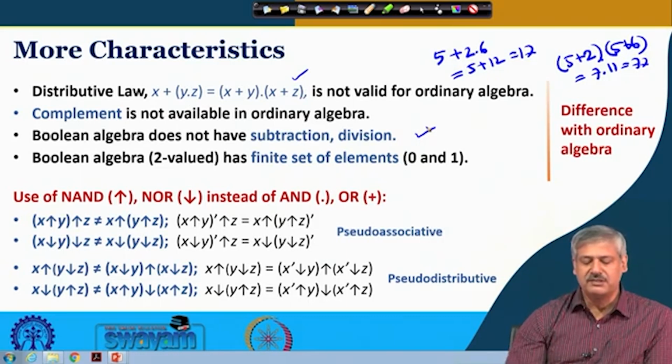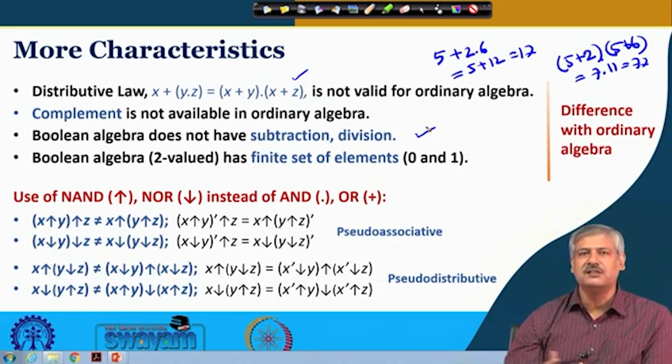And the two-valued Boolean algebra, the one that we have seen, has got only a finite set of elements, 0 and 1. For ordinary algebra, there is an infinite set of elements, I mean 0, 1, 2, 3, 4, the number can extend to any high value.